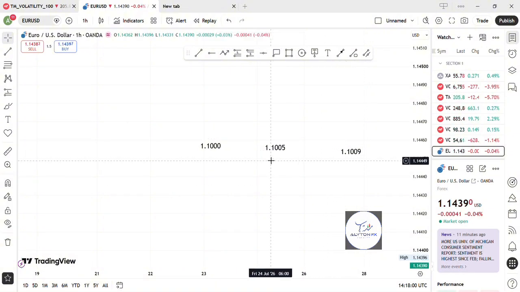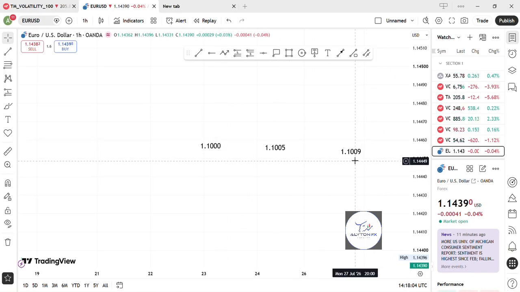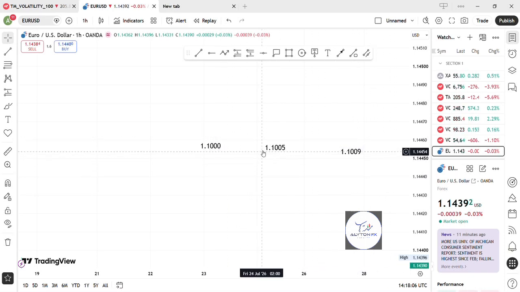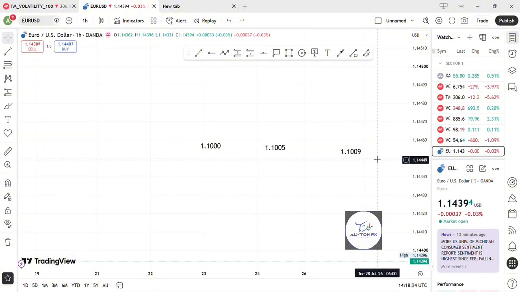This means that the market moved from this actual price to this actual price, meaning that it increased by 9 pips. So we usually count at the last digit after the decimal point in major currency pairs, example Euro USD, GBP USD. So this is how pips are calculated in Euro USD, which is a major currency pair.